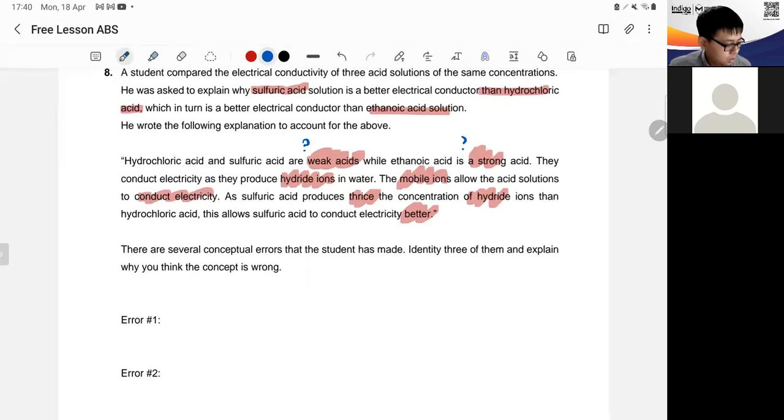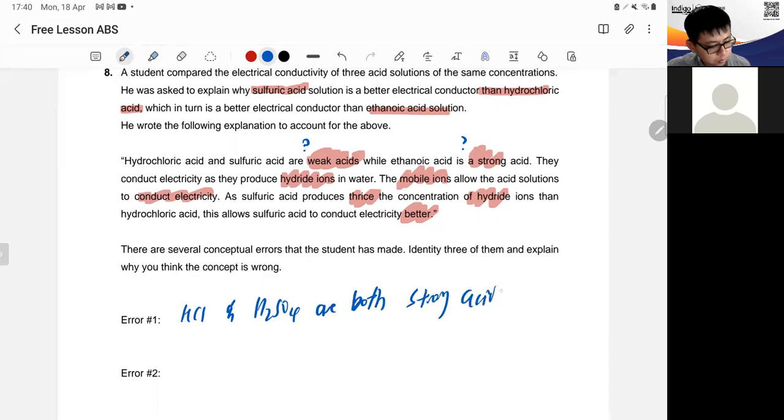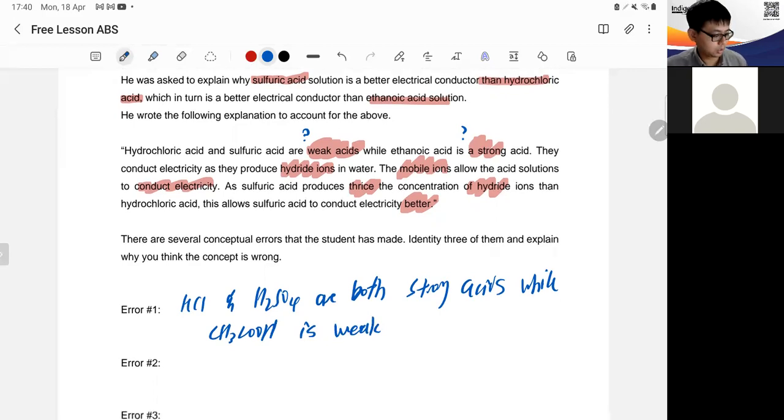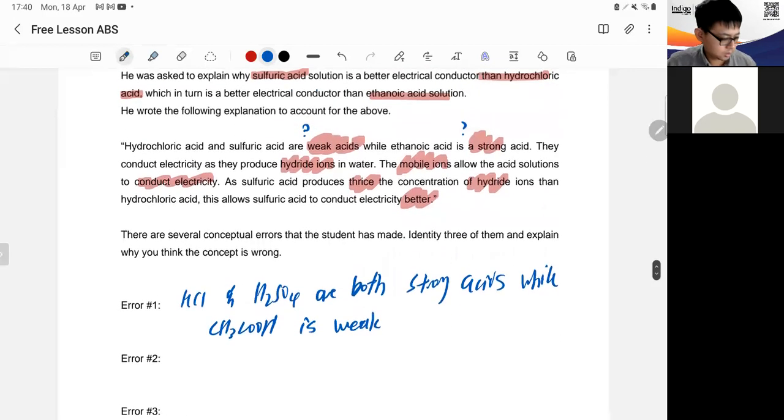So let's say that HCl and H2SO4 are both strong acids, while ethanoic acid is weak. If you can't write out a formula, it's fine, just write the name, it's okay. Ethanoic acid is weak.